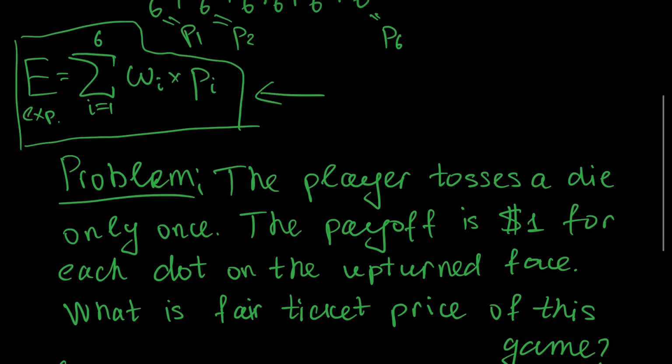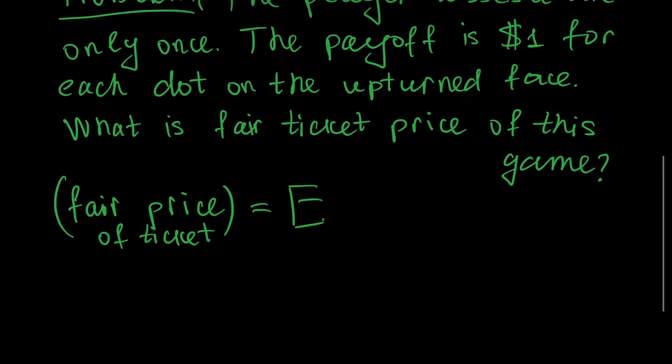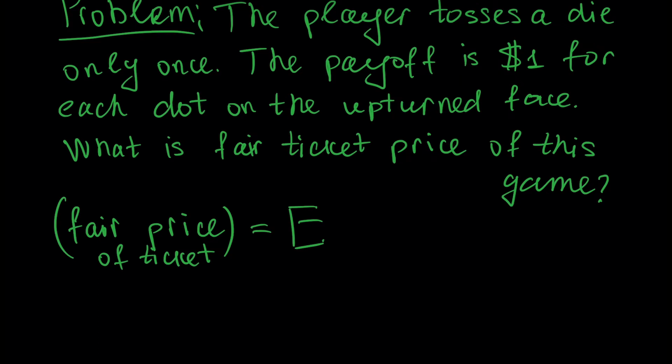This is the fair price, because if we play this game infinitely, then the money we make, the payoff we receive, is equal to the price of the ticket. So this is the sum from 1 to 6 of I times 1 over 6.